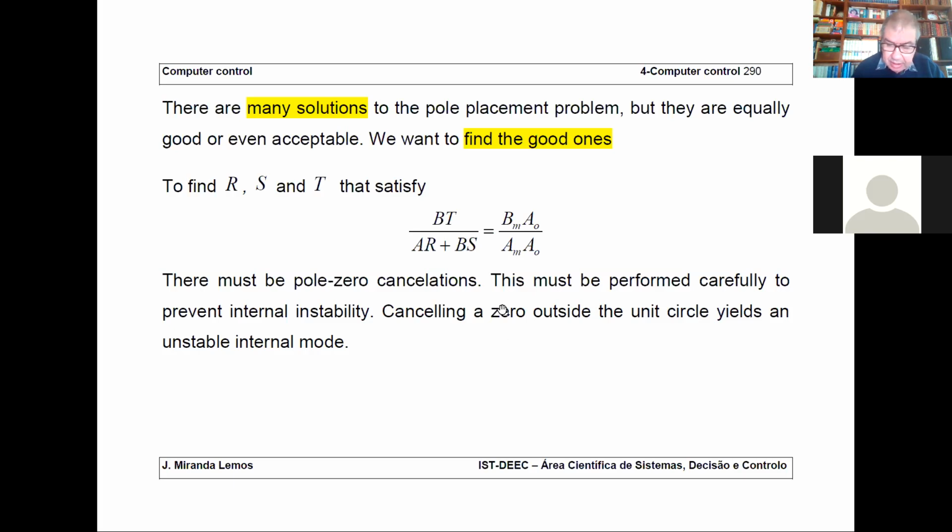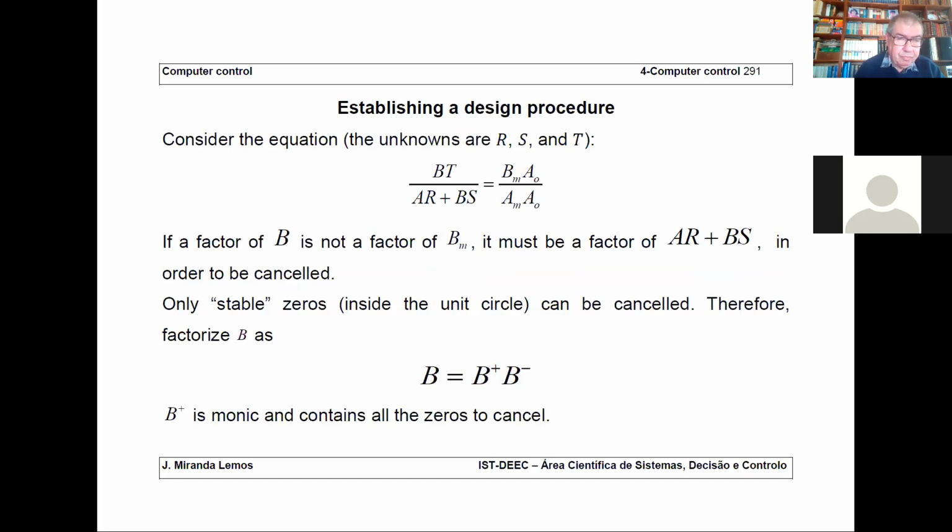So let's examine this a little bit in detail. We want to solve this equation, and we don't want to cancel zeros outside the unit circle because this corresponds to placing a pole that is unstable, and from the input-output point of view, the pole does not have a manifestation as long as you are in a linear regime, but probably the input signal will start blowing.